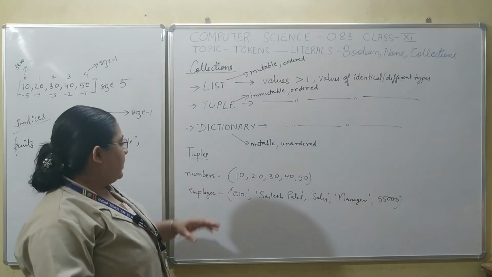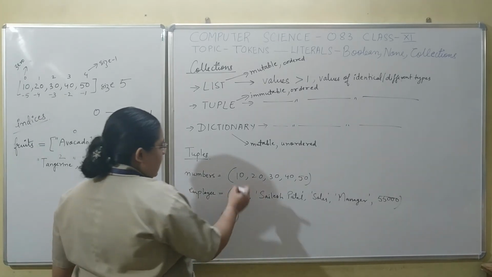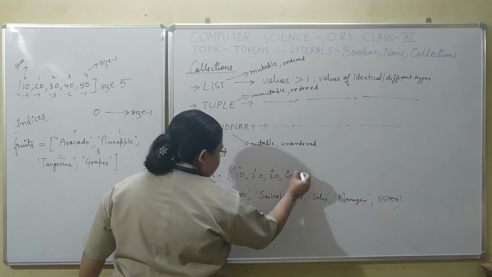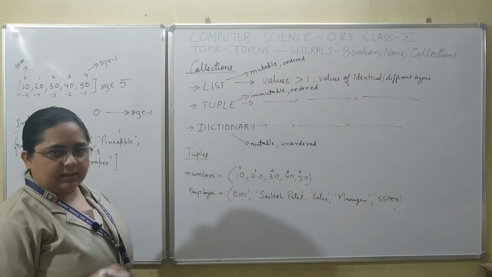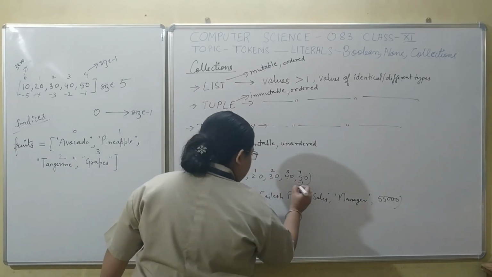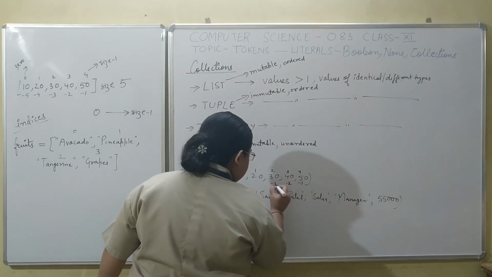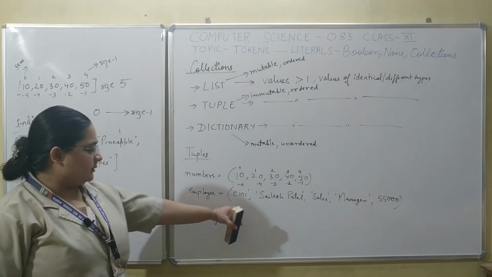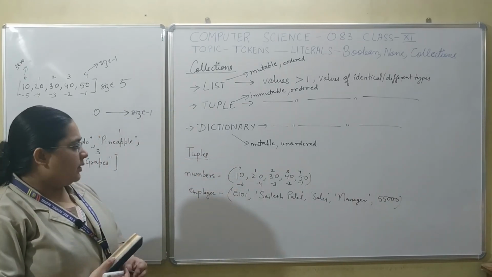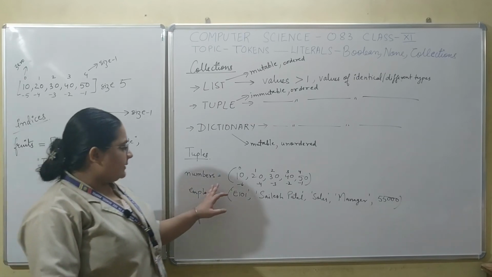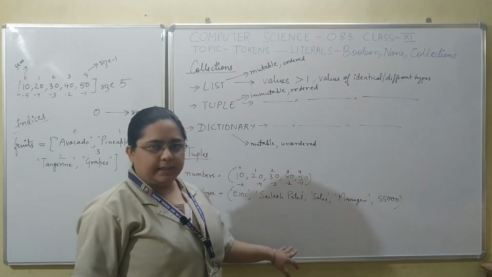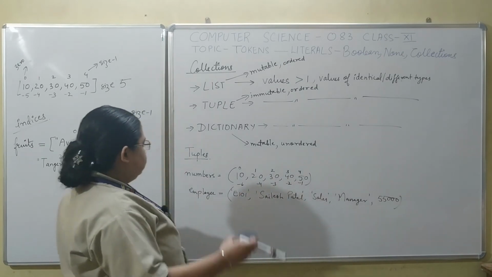Again, let me tell you, in tuples also these values are numbered or indexed, and everything is the same like lists only. They will also have positive as well as negative indices. Same way with this one also. And over here the size of this tuple is determined by the total number of items within the tuple.